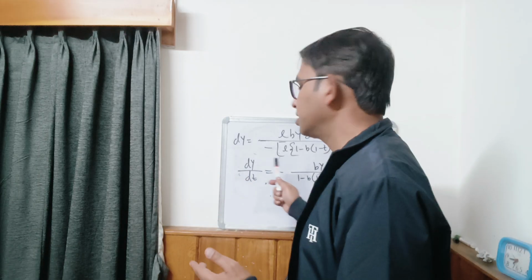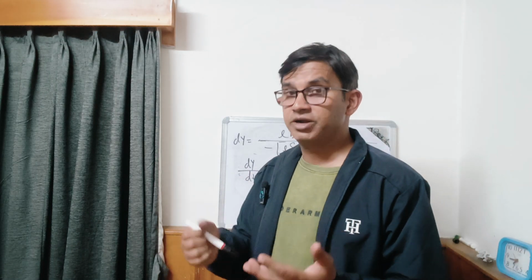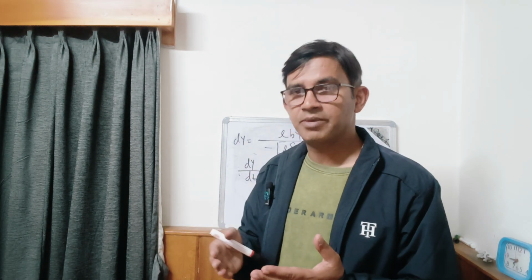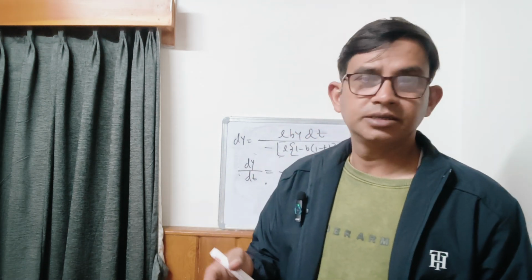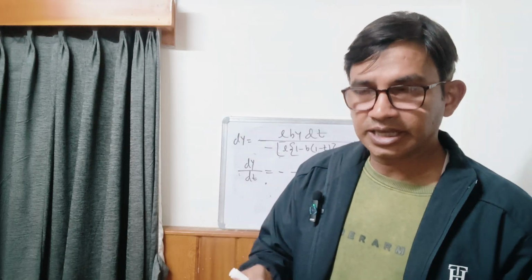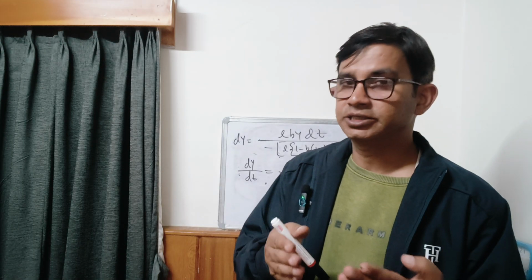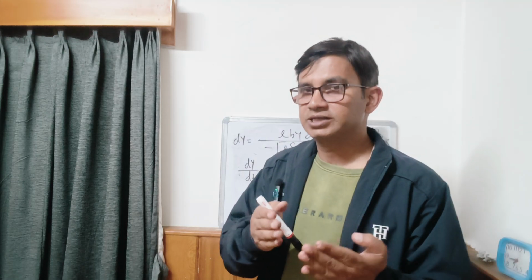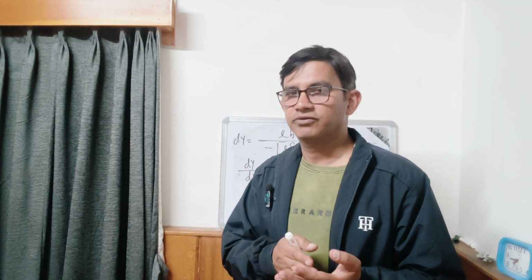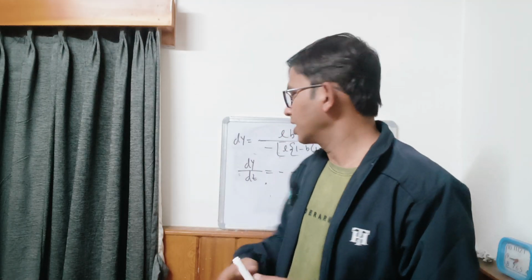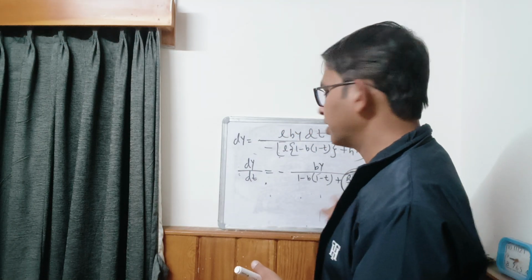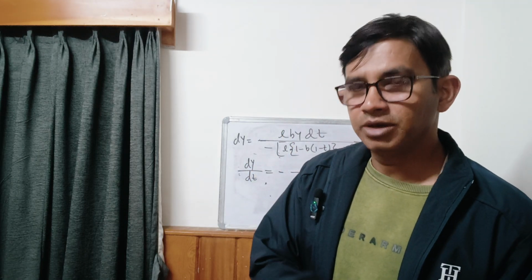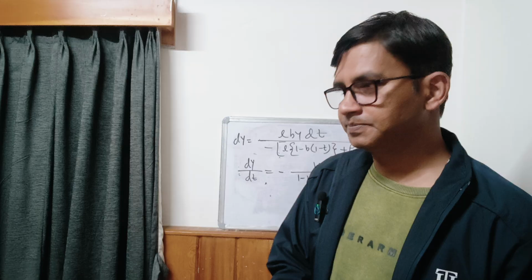So we can prove it in the next videos with the help of a diagrammatic explanation, that in the case of high interest sensitivity of private investment, the fiscal policy will be less effective because of more crowding out effect. And in case of high interest sensitivity of demand for money, fiscal policy will be more effective because of less crowding out effect.